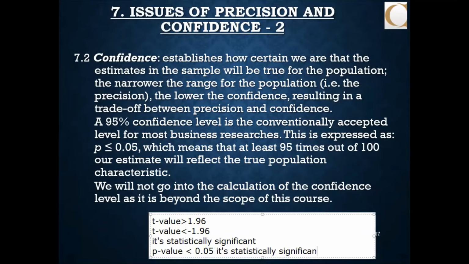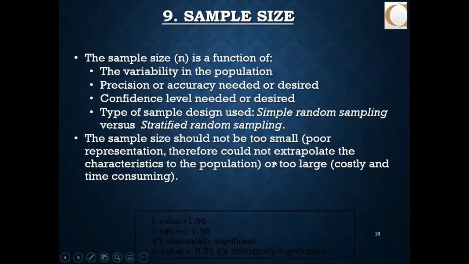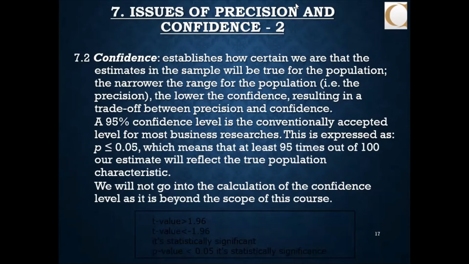We're going to cover that a bit. That'll be shown if you do a regression. You'll see the t-value and the p-value. So confidence is an important thing in statistics. You want your t-statistic to be greater than 1.96 or less than negative 1.96, or p-value less than 0.05.